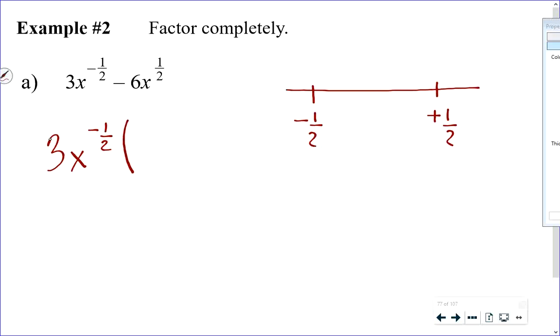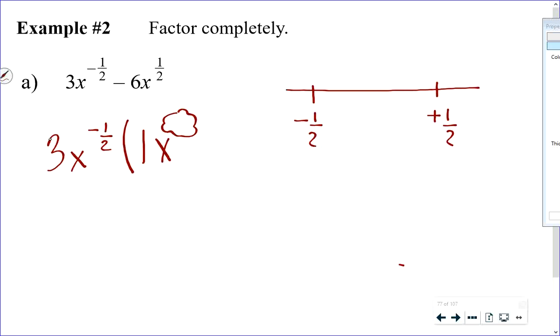What do we have left? Well, we factored the 3 out, and now follow along carefully. And some of you will pick up on this in lightning speed, and others will struggle. That's fine. We're here to practice and get better. It will contain x, raised to an exponent that when added to negative 1/2 gives me negative 1/2.